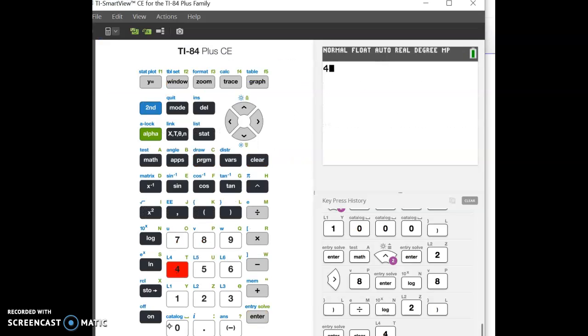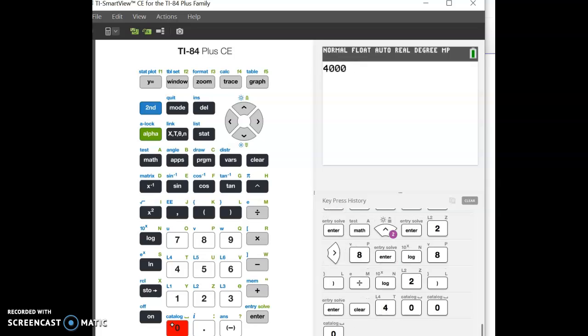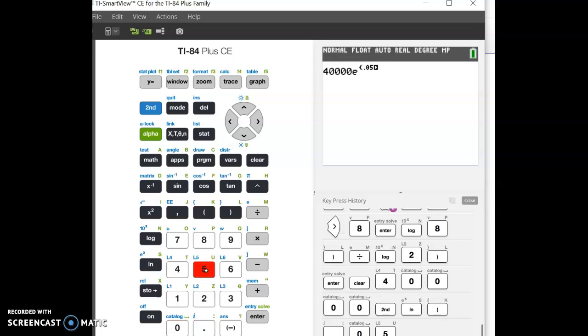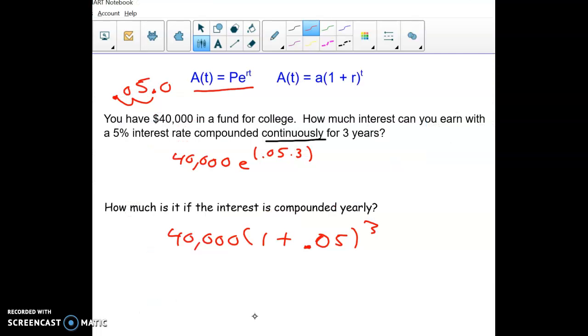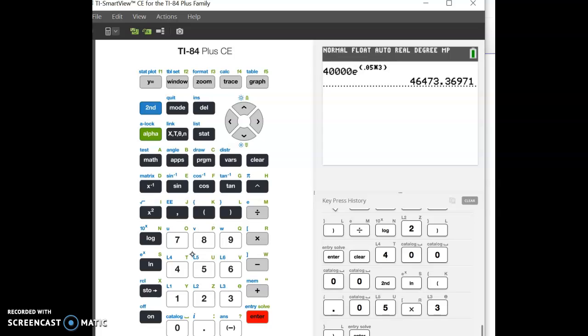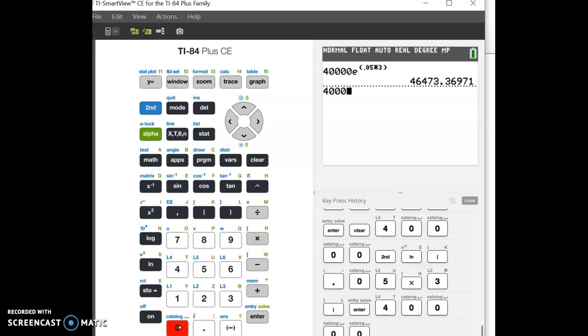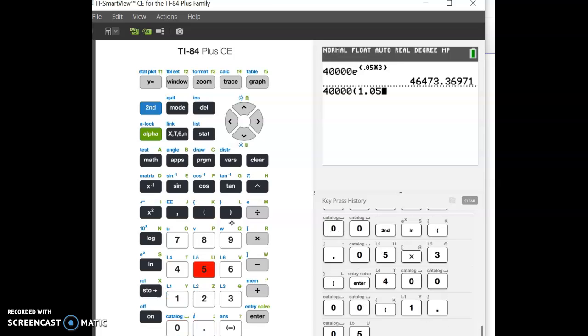All right, so 40,000, and then the e to the x key is right here. And then in parentheses, I'm going to do 0.05 times 3 years. Close the parenthesis. I think it was 3 years, right? Yeah, 3 years. Okay, and then the other one, 40,000 times 1.05, 1 plus 5%, and then raise that to the third power.